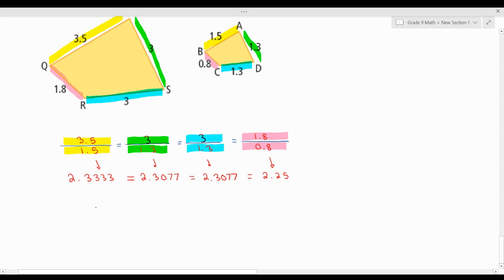So I would say these are not similar because corresponding sides are not proportional.